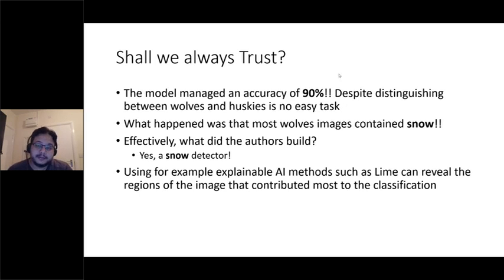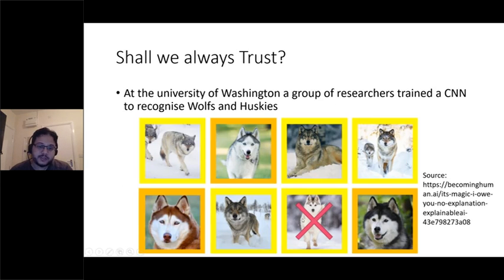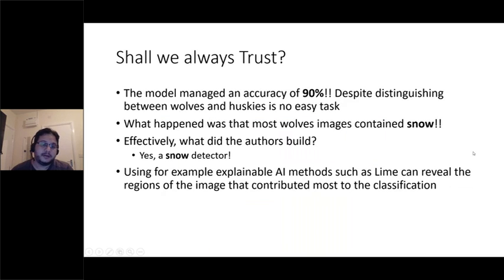So what happened? Most wolf images contained snow. Most images that had wolves had snow next to them, and most images that had huskies didn't have snow. What do you think happened? They detect only snow. Yeah, because we don't have control over the model. It converges by itself, trying to find the best way to discriminate between the classes.